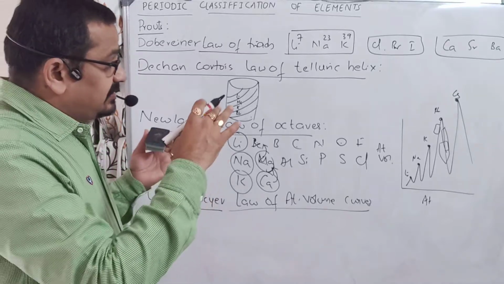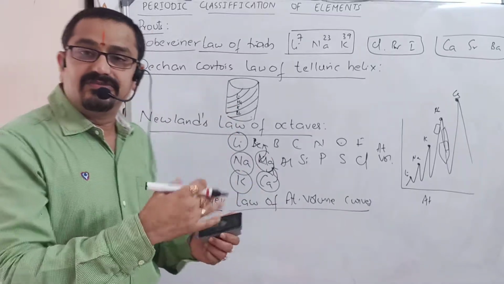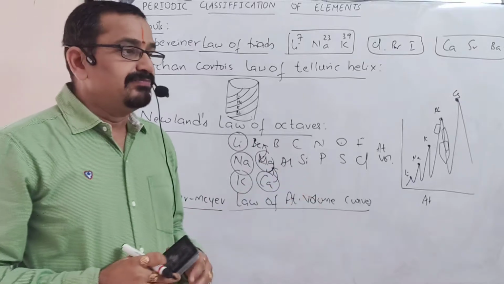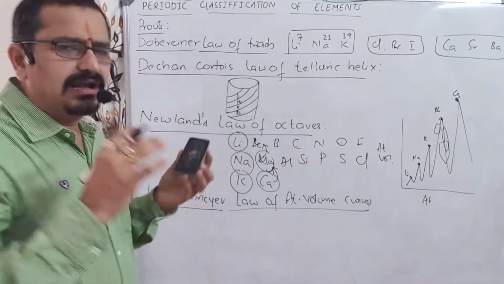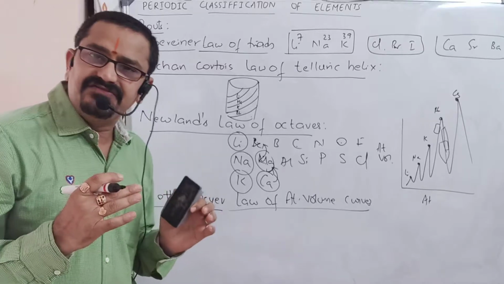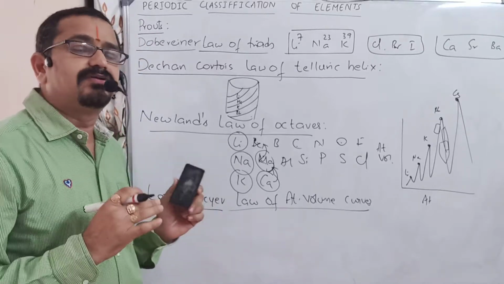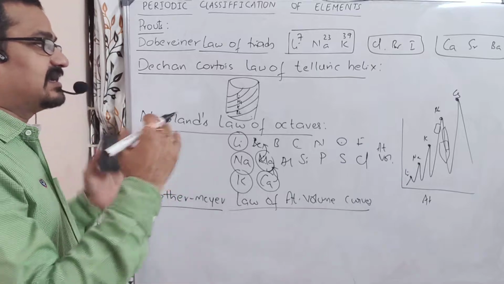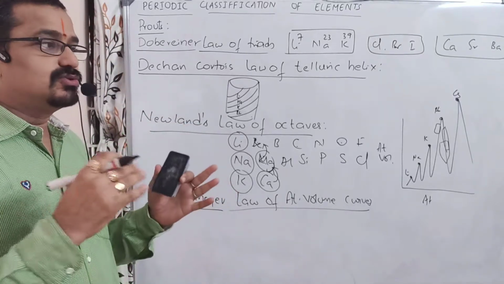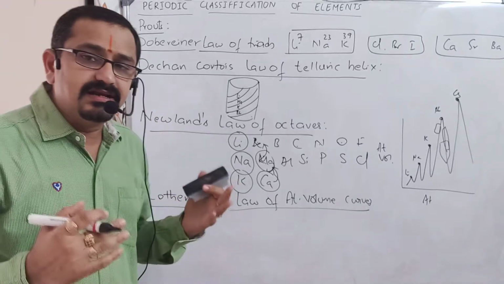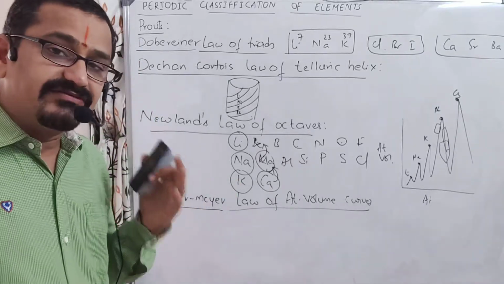But better than Lothar Meyer's law of atomic volume curves, Mendeleev's law got more importance because it gave a clear picture about the classification of elements by studying a large number of physical and chemical properties.